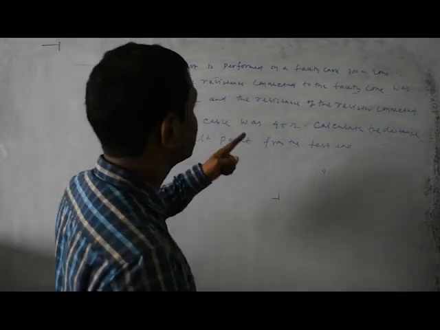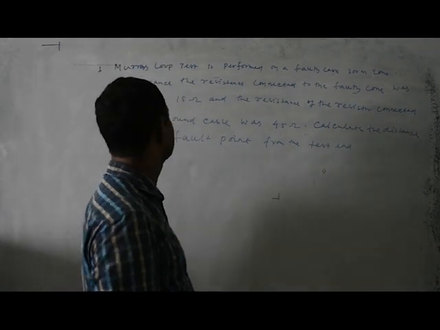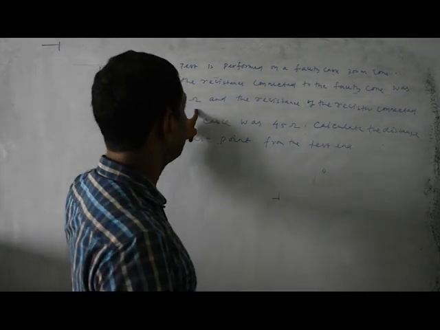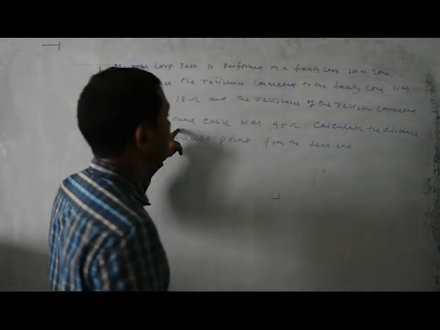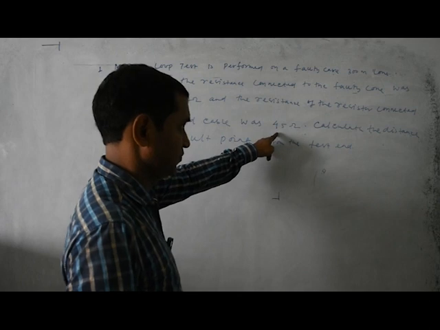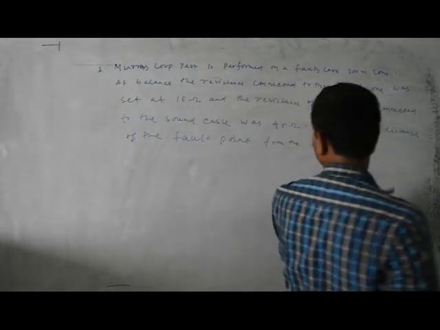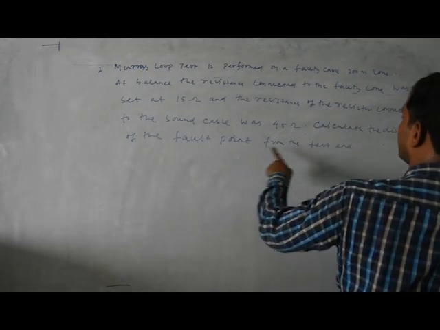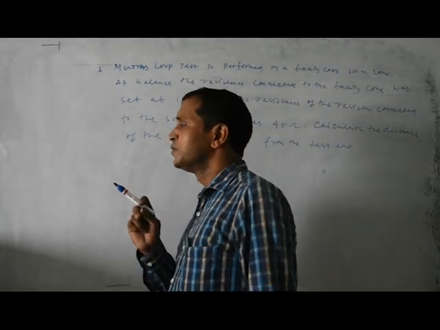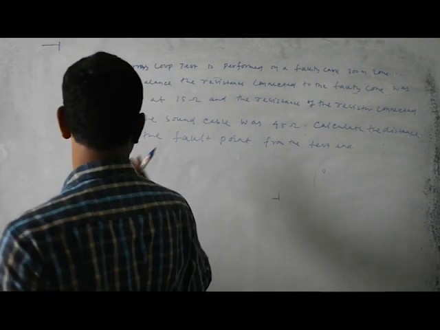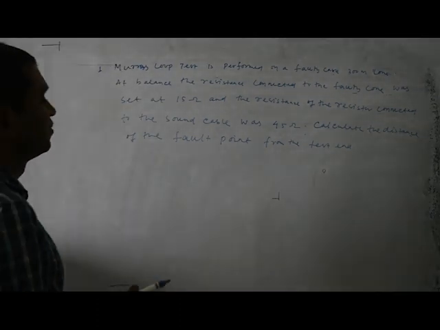At balance, the resistance connected to the faulty core was set at 15 ohm and the resistance connected to the sound cable was 45 ohm. Calculate the distance of the fault point from the test end. This problem is based on the Murray loop test.